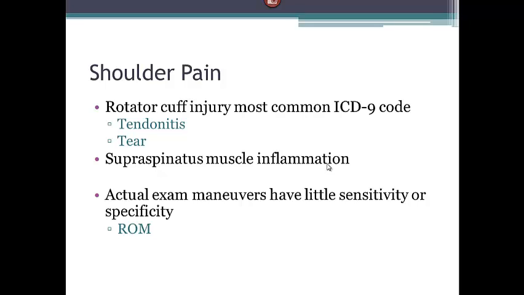Now let's talk about rotator cuff disease. This is an injury that includes tendinitis and partial or complete tear of the supraspinatus or infraspinatus. The symptoms are basically shoulder pain associated with weakness. Etiology normally is related to sport.